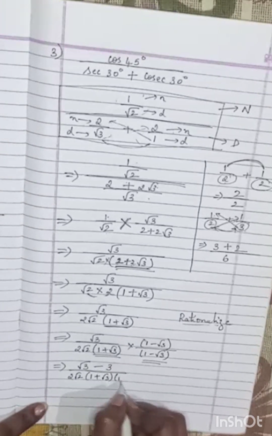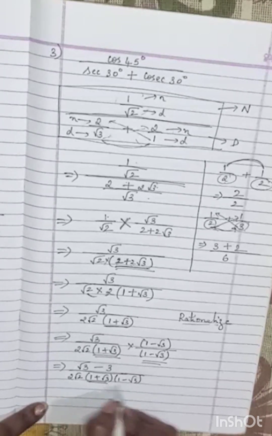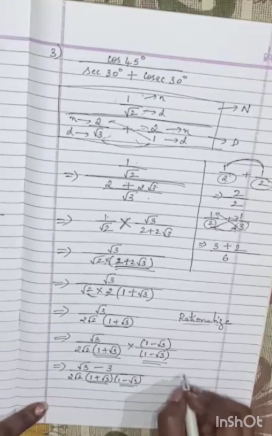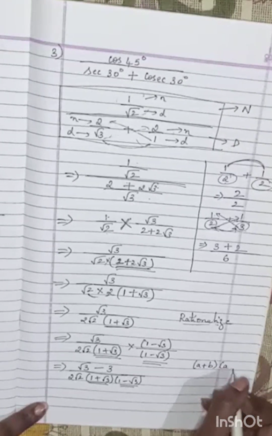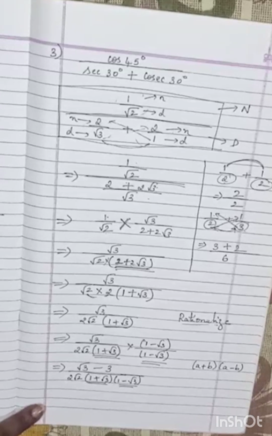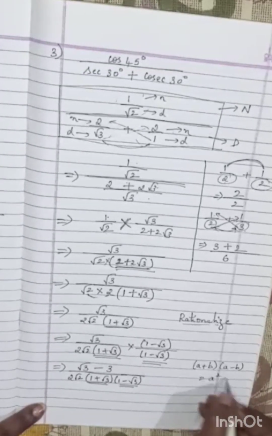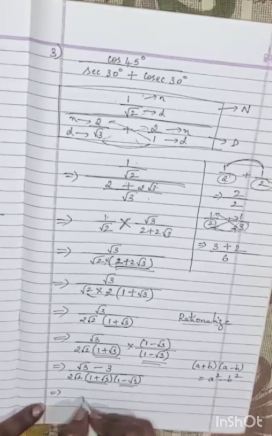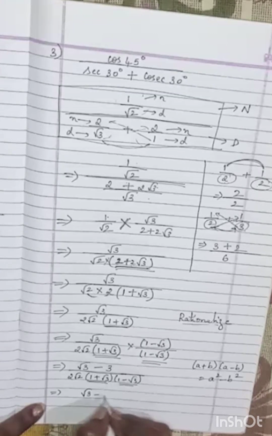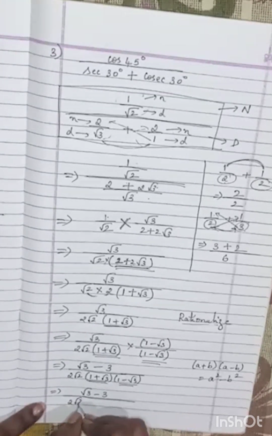If you look at 1 plus root 3 and 1 minus root 3, they are in the form of a plus b into a minus b. So what is the formula for a plus b into a minus b? It is a square minus b square. Correct? So directly you can write it as root 3 minus 3 whole divided by 2 root 2.